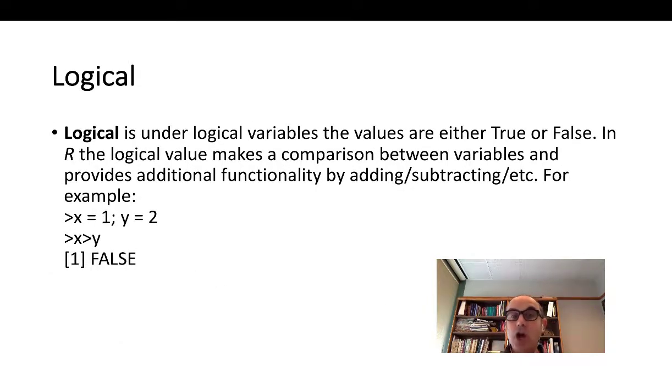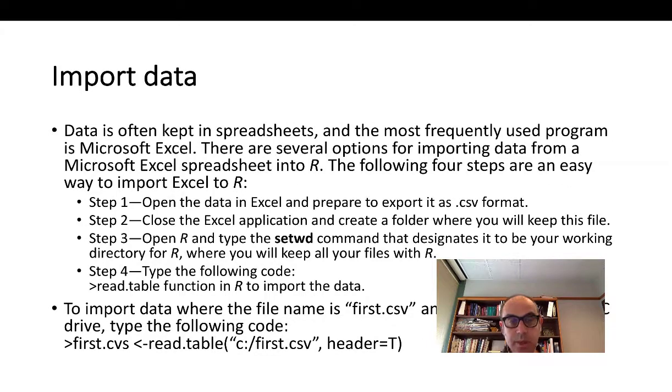Logical is under logical variables, the variable that can hold true or false. So in R, the logical value makes a comparison between the variables and provides additional functionality by adding or subtracting. For example, x is 1, y is 2, is x bigger than y, and it will say false.